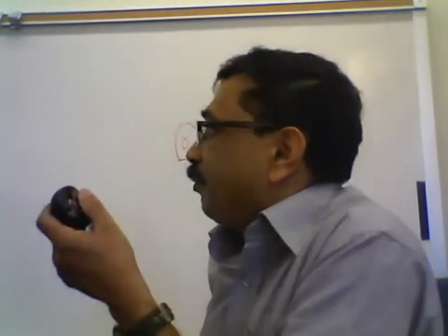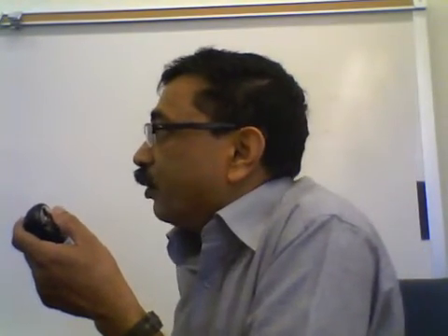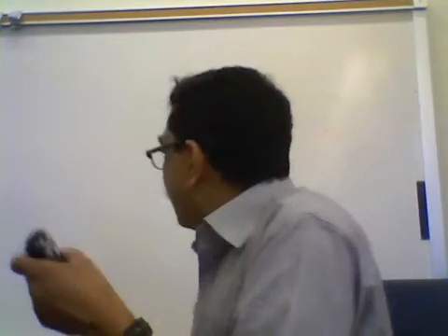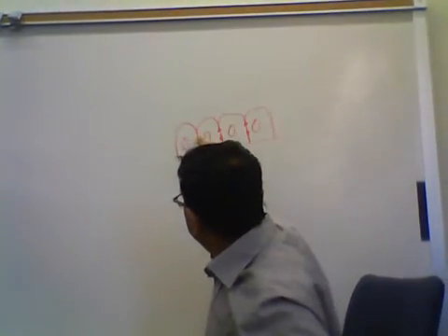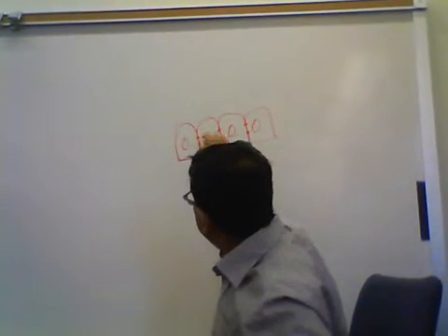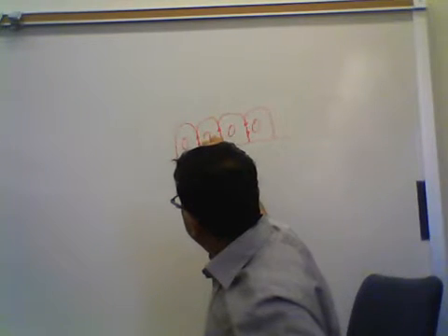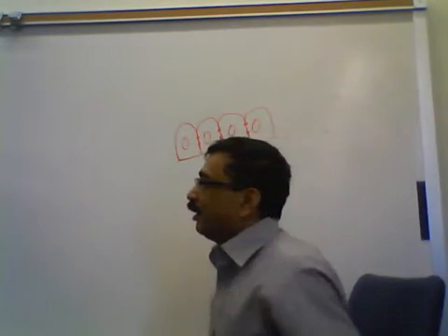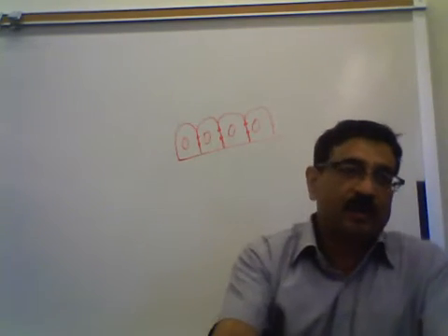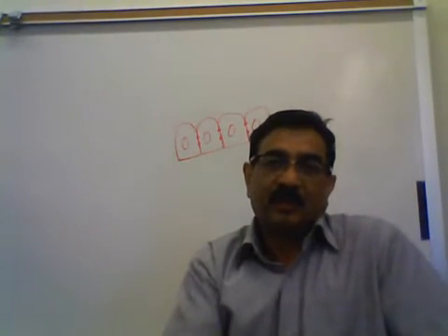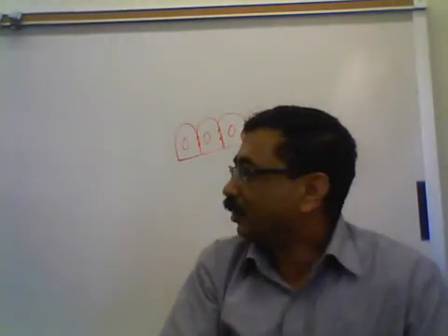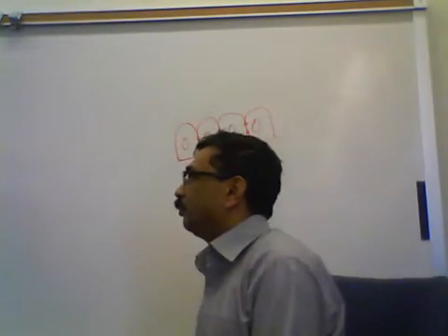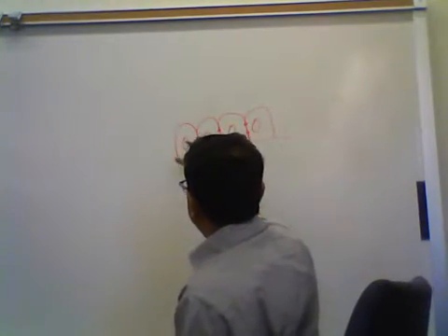Tight junctions prevent fluids and most molecules from moving between the cells. So if you have tight junctions here, they will not let the fluid or molecules go from one cell to another cell. That's why they are called tight junctions. Very few small molecules will be able to pass. So most molecules will be prevented.